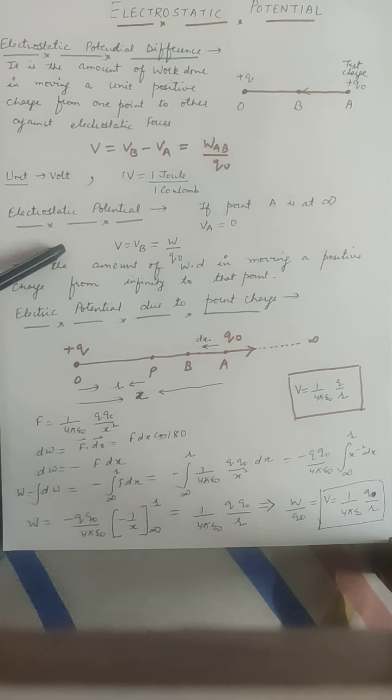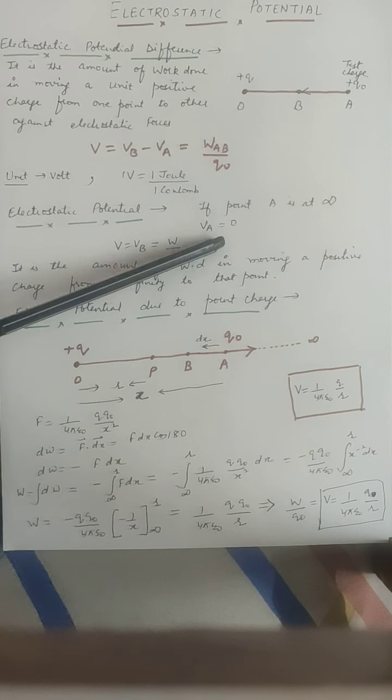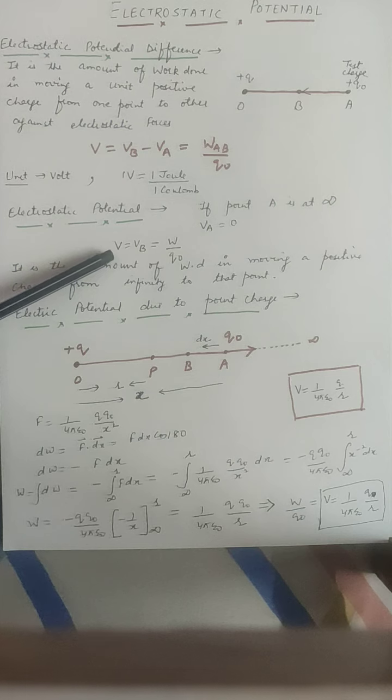Now, what is electrostatic potential? If we consider point A is at infinity, then potential at A will be equal to 0. If I put VA equal to 0 in this expression, then electrostatic potential becomes equal to VB, that is, work done upon test charge.